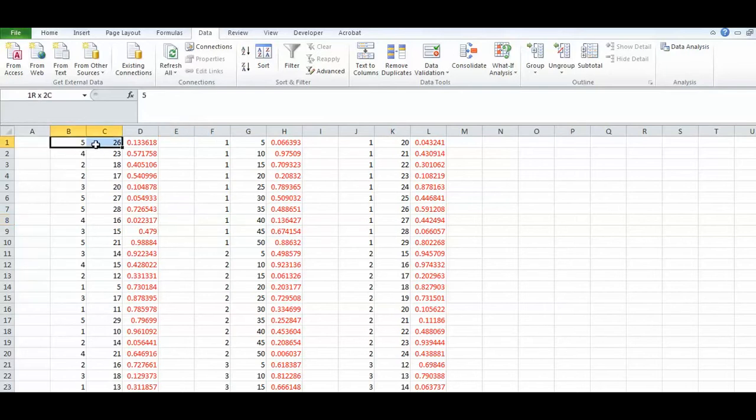And nothing has happened to the pairs because each person still has the same left number and the same right number. But what it did is it just randomly shuffled the rows.